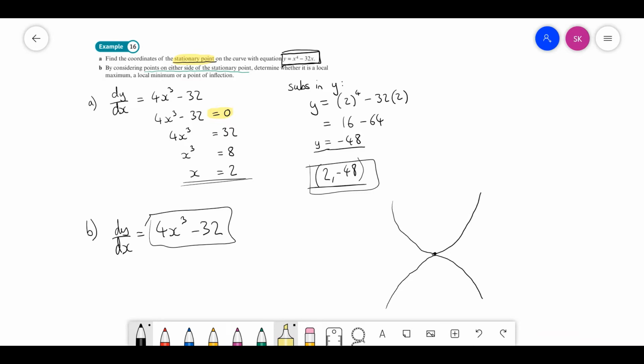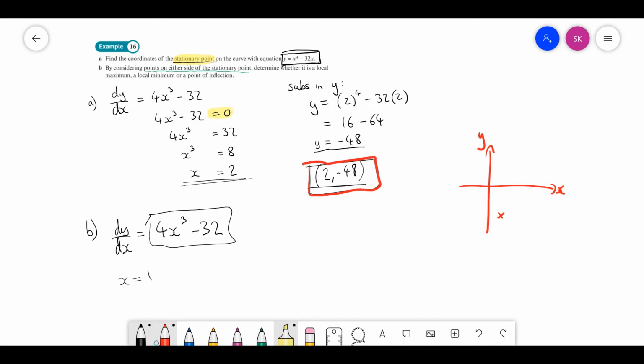So let's say when x is equal to 1, in other words, the point before it, let's see what the gradient is at that point. Let me just draw this diagram out a bit more neatly. So (2, -48), we know the stationary point is there.